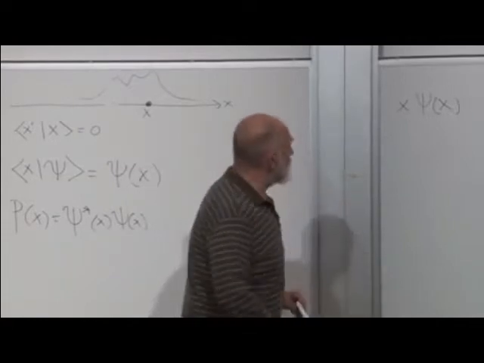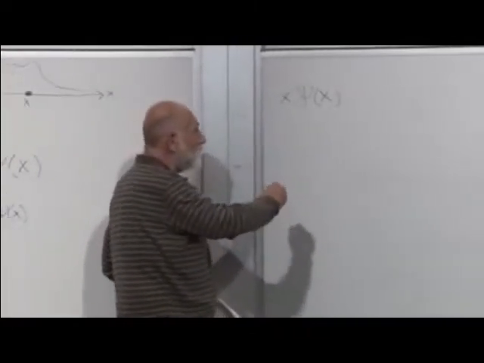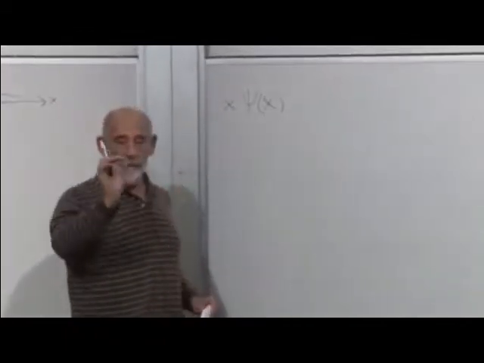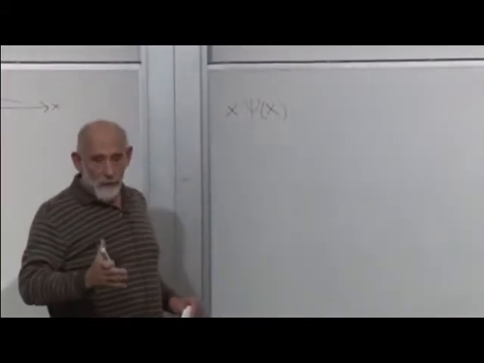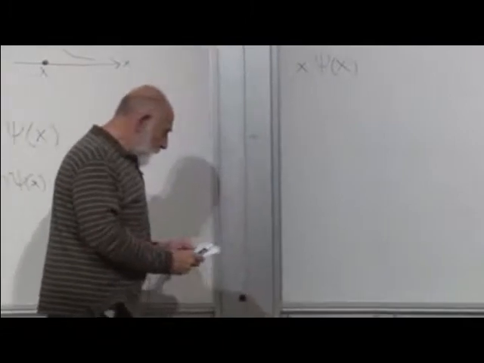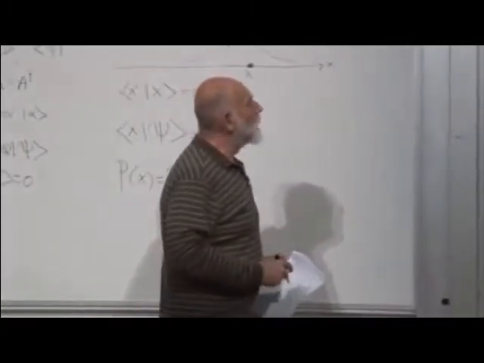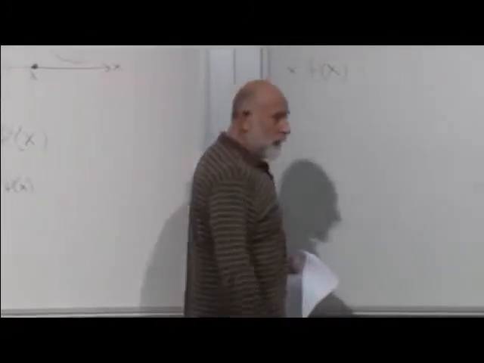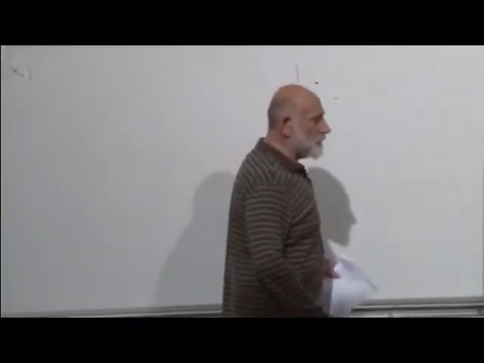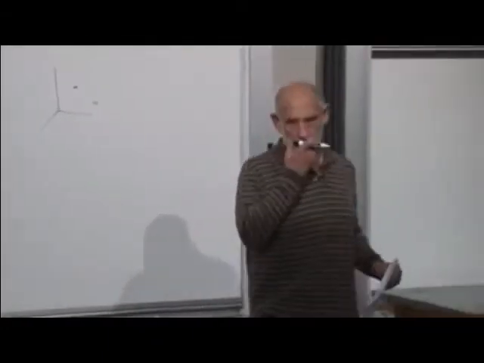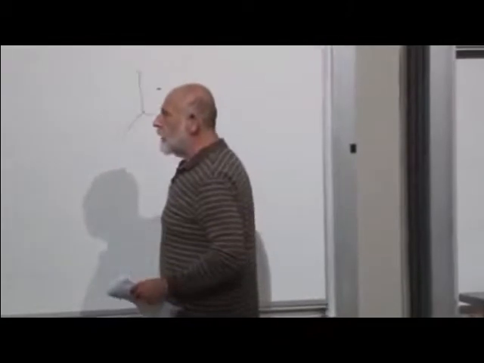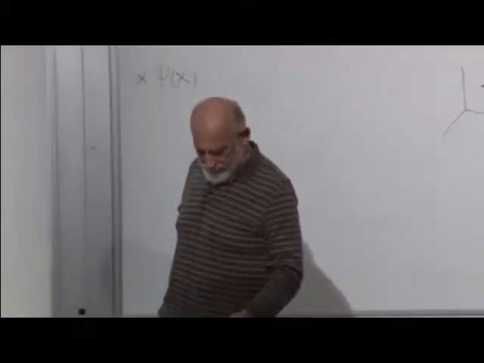The eigenvectors of x are the wave functions which are highly peaked, very, very narrow Dirac delta functions. All right, in the same way, the momentum operator, now I'm not going to explain this in detail. For this, you go back to the lecture notes or to the lectures themselves.